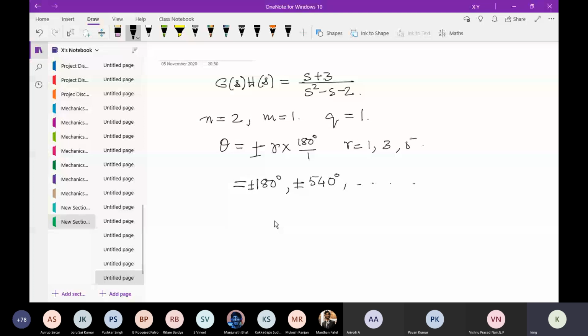Okay, so what we do get is this is the asymptote. We can see that we already know from here how many branches? 2 branches.